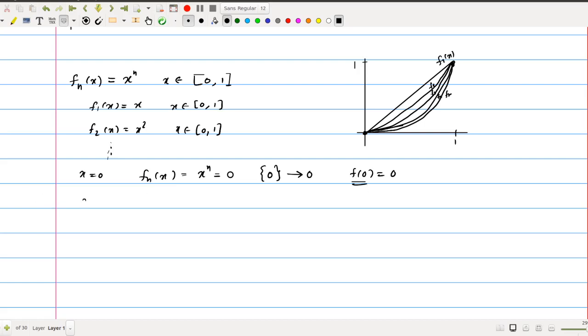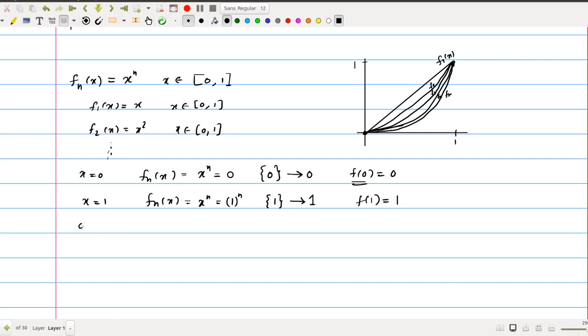Now we start with 1. The corresponding sequence fn of x equal to x raised to n, since x is equal to 1, is 1 raised to n, that is the sequence 1 itself, and again it converges to the same point 1. In that case we define f of 1 is equal to 1.